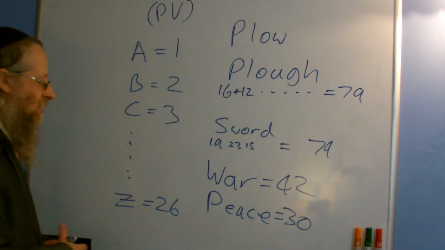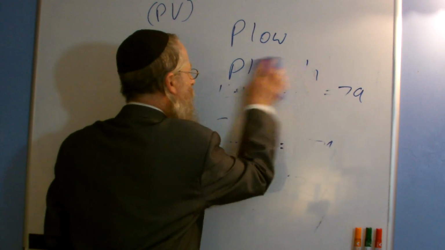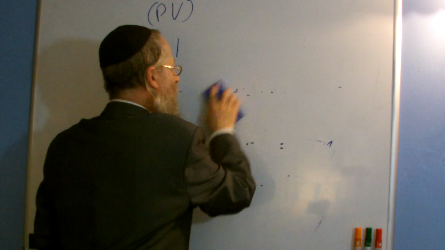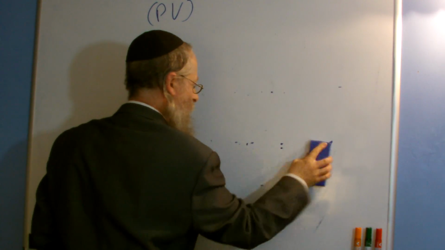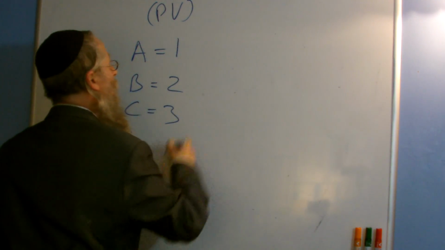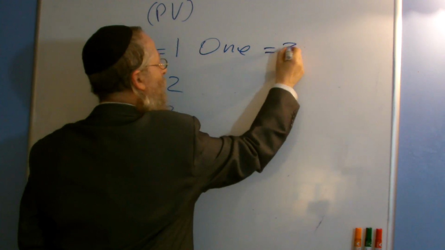So I tried a new system. What I did was I took the numbers of the letters. A is 1, B is 2, and I worked out, as we did in lecture 1, the values of the words. So 1 we worked out to be 34.